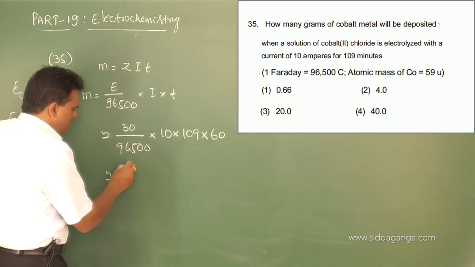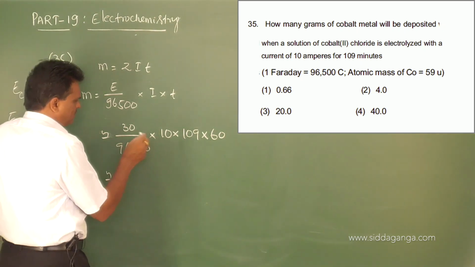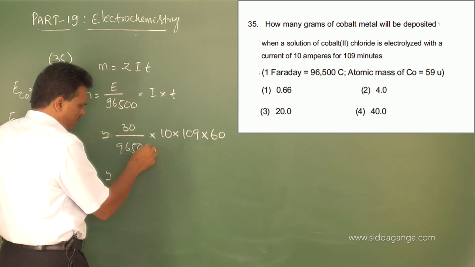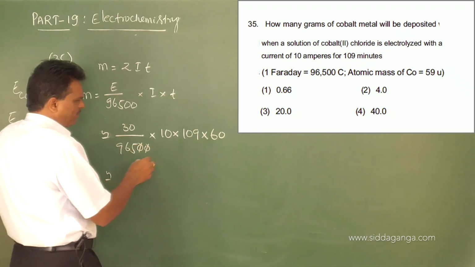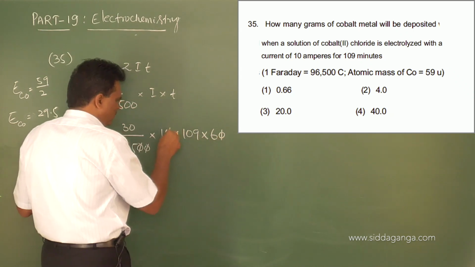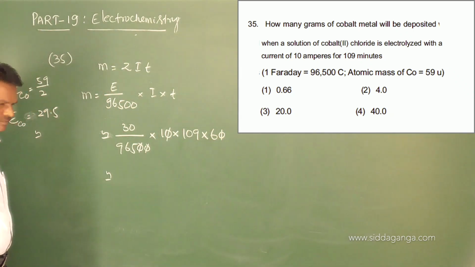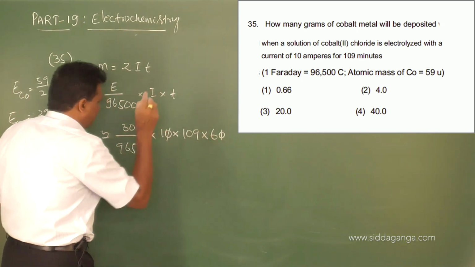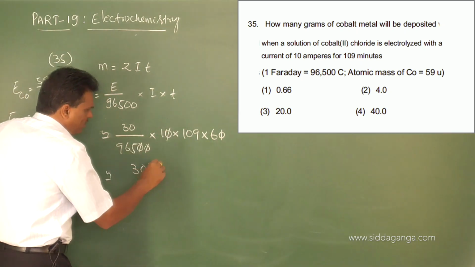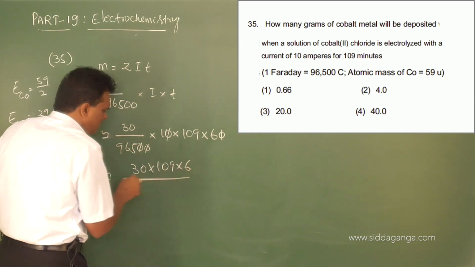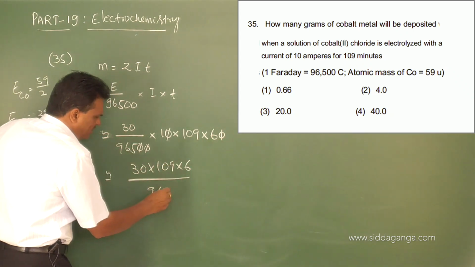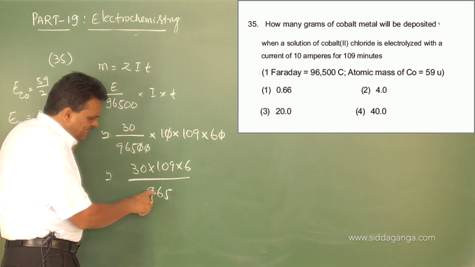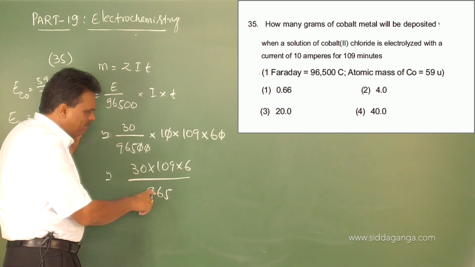So 30, there are 3 zeros, or you can cancel 2 zeros. 30 into 109 into 6 divided by 965. Again, it can be written as 9.65.